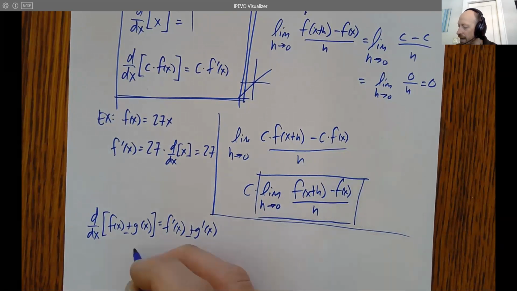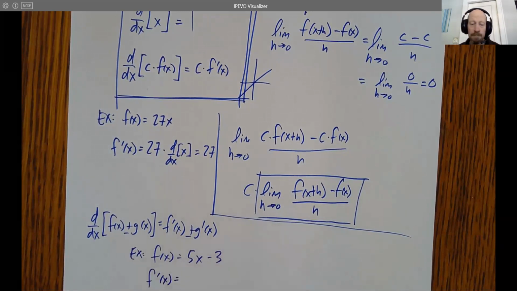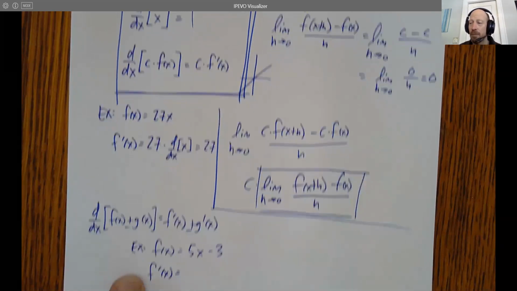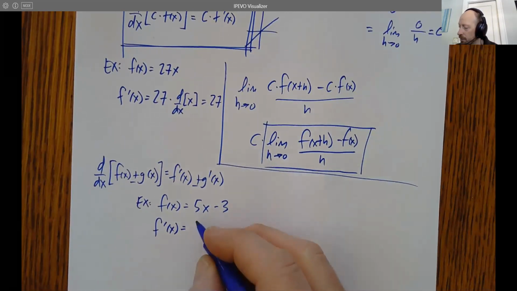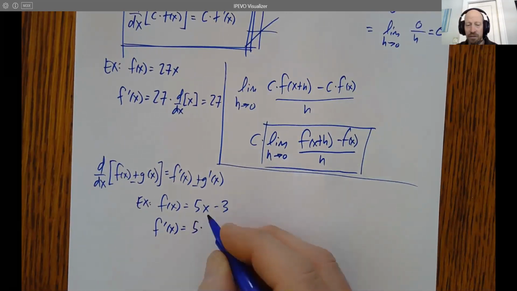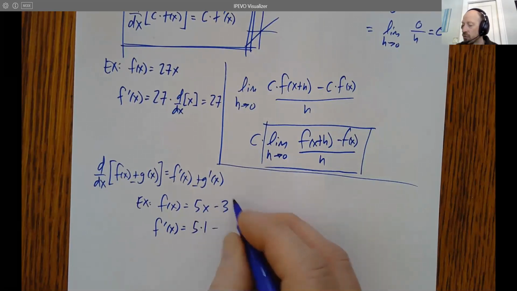So as an example of that, let f of x equal 5x minus 3. These shortcuts allow me to find that derivative directly. It's 5 times the derivative of x, which is 1, minus the derivative of 3, or the derivative of negative 3.